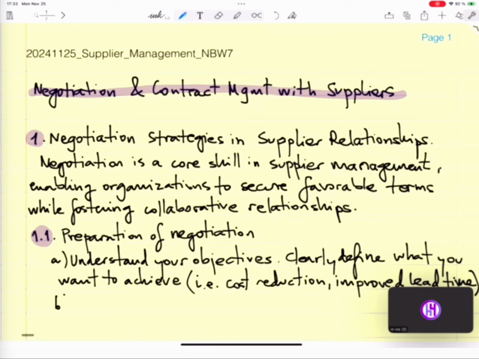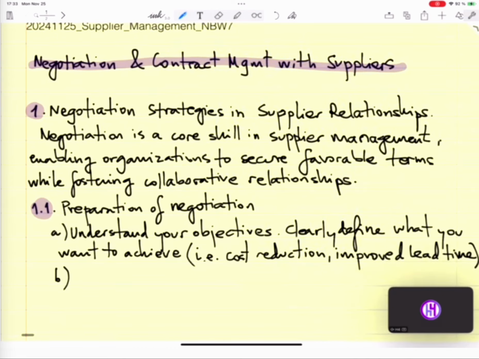The second thing that is important when you're preparing your negotiation is to analyze the supplier's position.